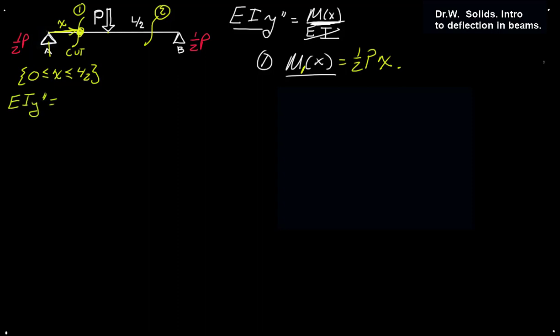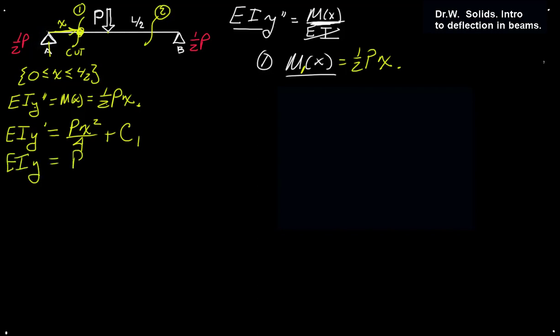y double prime is M as a function of x, which we found to be 1/2 Px. And now we'll integrate both sides of this, and we'll get EI y prime as Px squared on 2 times 2 is 4, plus c1, and we'll integrate it again to get Px cubed on 4 times 3 will be 12, plus c1 x plus c2.